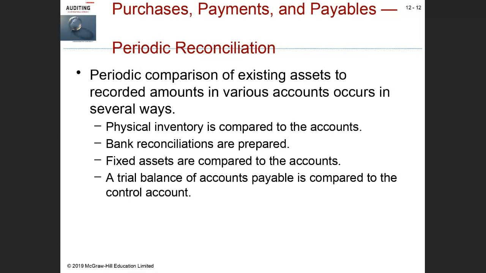We also want to compare capital assets or fixed assets to our general ledger accounts to ensure that they exist. So especially with respect to new assets acquired during the year, you normally want to physically see them, because we've spent a lot of money to purchase them. So we want to ensure that they have actually arrived before we start paying for them.